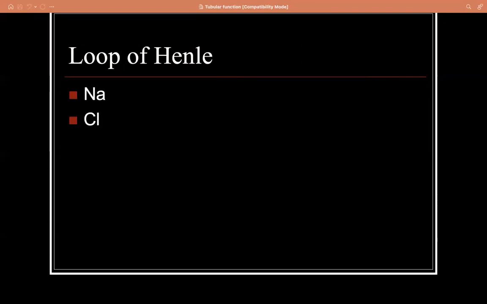So what are the most important events that occur in the descending loop of Henle? Sodium and chloride remain within the lumen. It is not given out, it doesn't come in. But water is reabsorbed in the descending loop of Henle from the lumen, the filtrate, into the surrounding tissues.